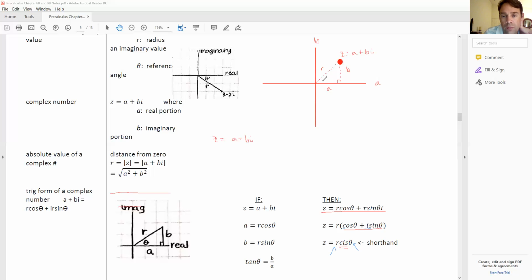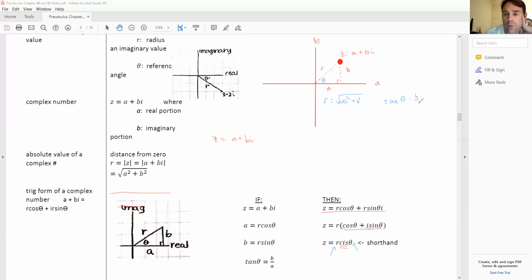That reference angle would be found right here. That angle is based off the tangent of B over A. So R is equal to the absolute value of Z, which is the square root of A squared plus B squared. And the angle theta is found from the tangent of B over A.